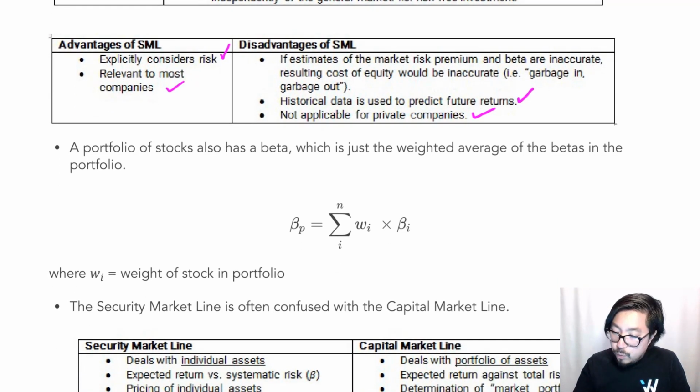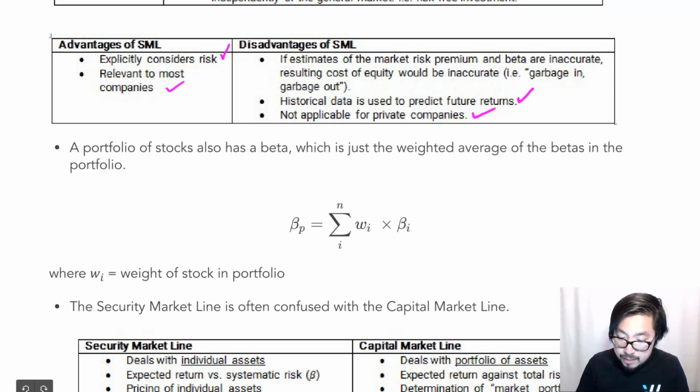And if we have a portfolio of several assets, we can also calculate the portfolio beta, the beta of the portfolio that is comprised of several assets. And if you guess that the beta is just the weighted average of the individual asset betas making up the portfolio, then you would be correct.